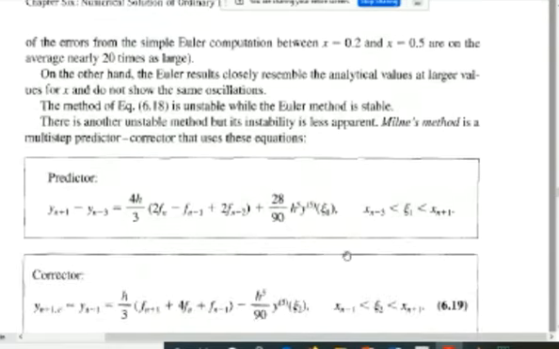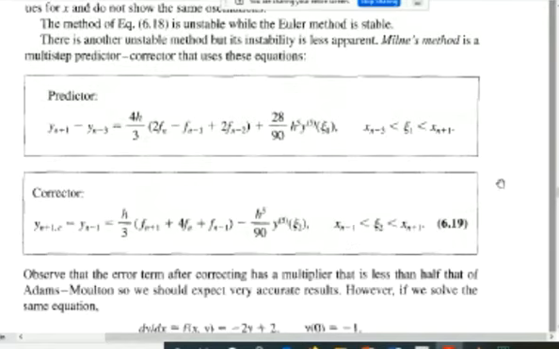We use two formulas to compute the values of y at each step.